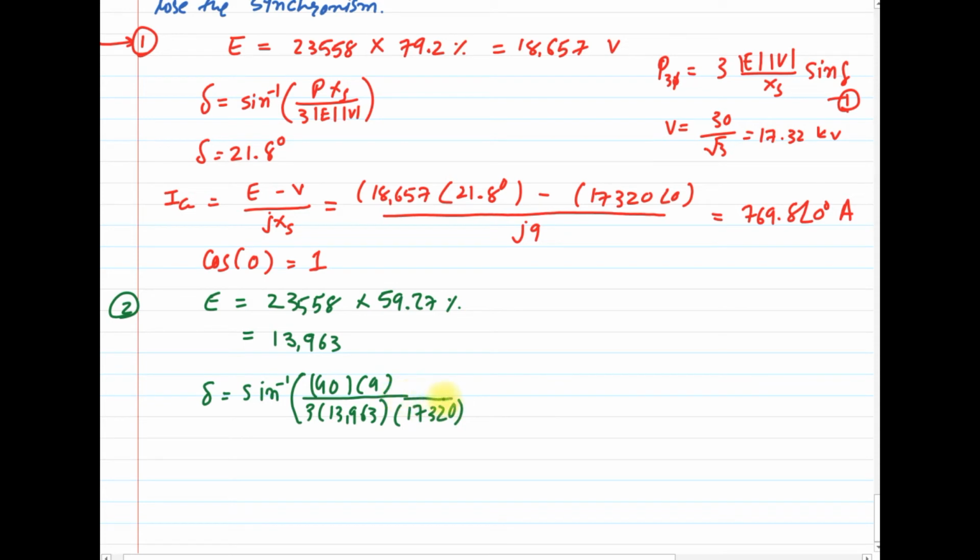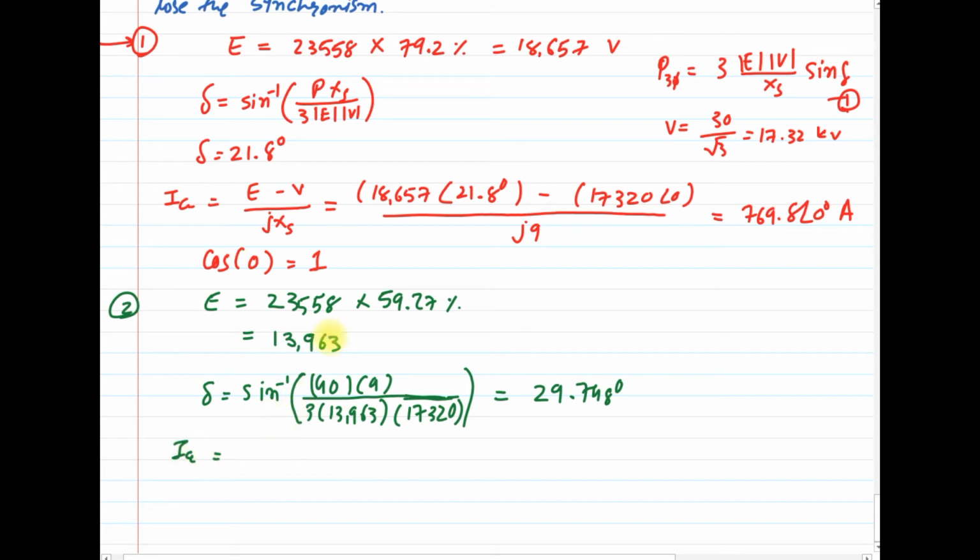Clear? So you will get the angle, which is 29.748 degree. Done? And for this angle again you have to calculate the armature current.